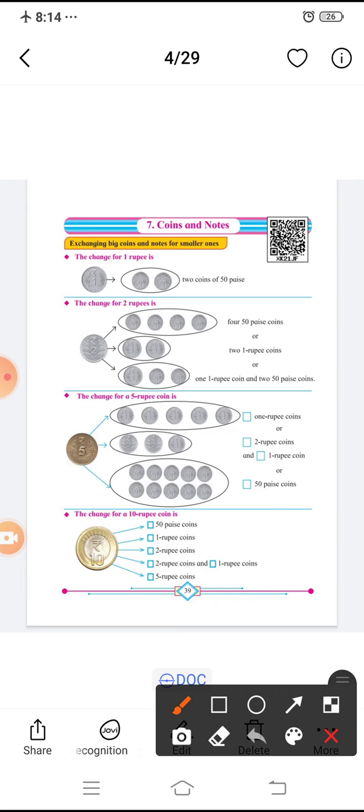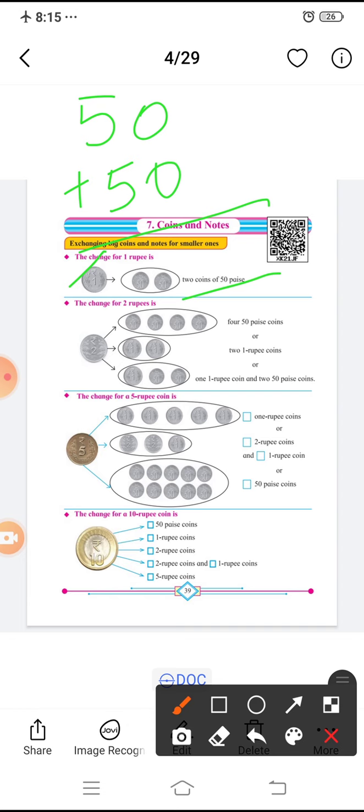Okay, students. Now for exchanging a 1 rupee coin, how many 50 paise coins are needed? We need 2 coins. Correct, students? We need 2 coins. How? See, 50 paise plus 50 paise make 100 paise. 100 paise is equal to how many rupees? 1 rupee.